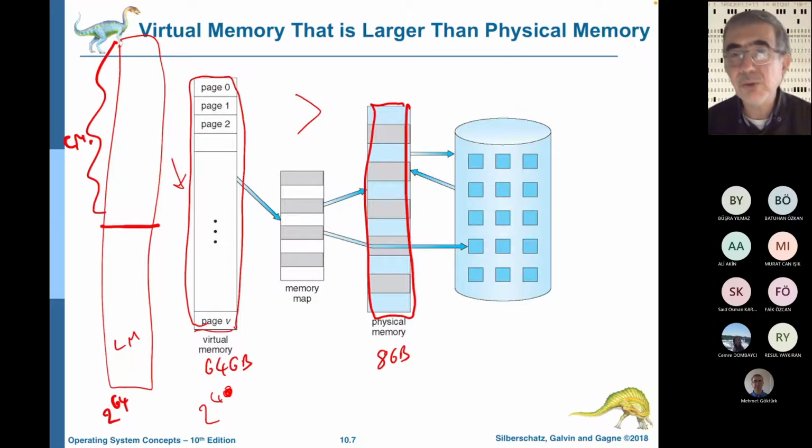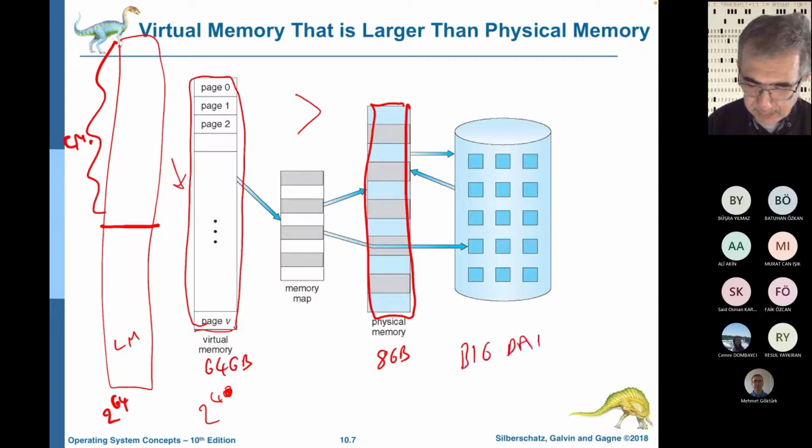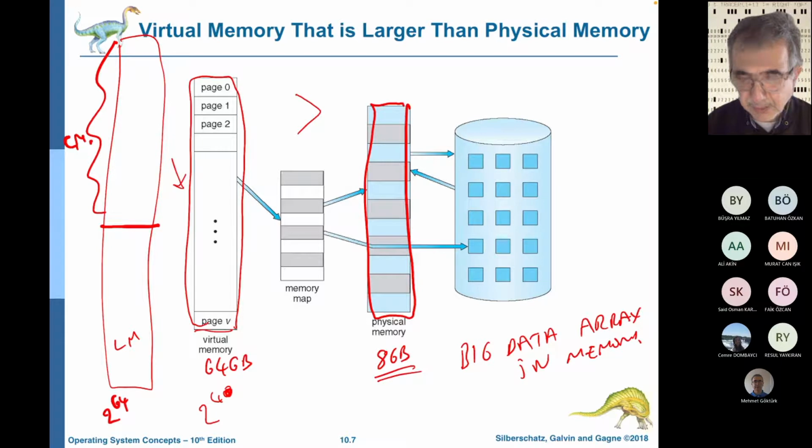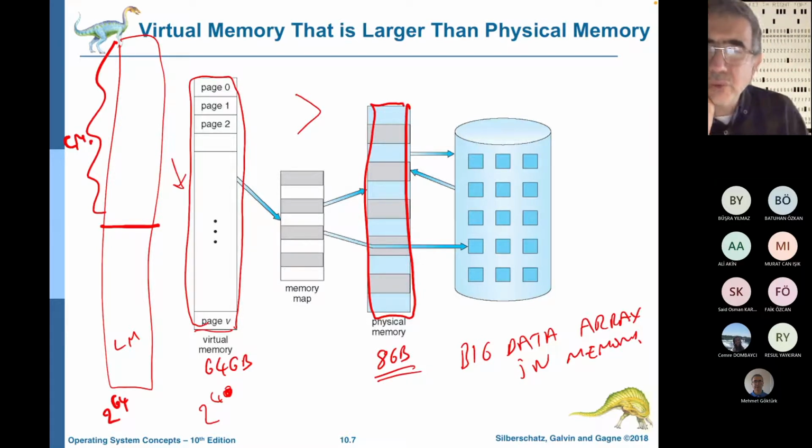For example, you are doing machine learning, and you need to load the data set into memory as an array, big data in memory. But you have 8 GB, so 8 GB is not sufficient. Do you use that big data all together?